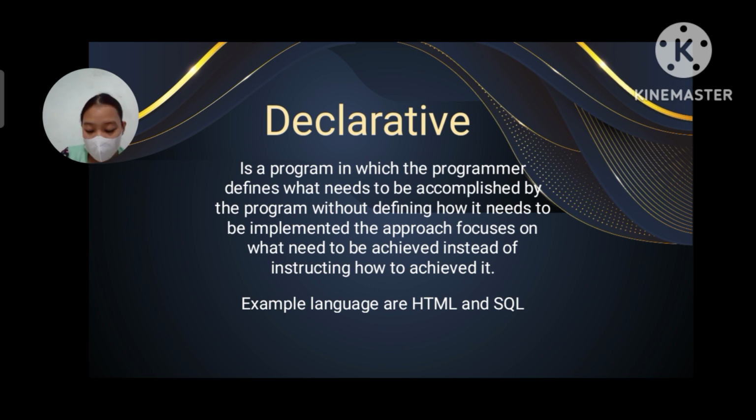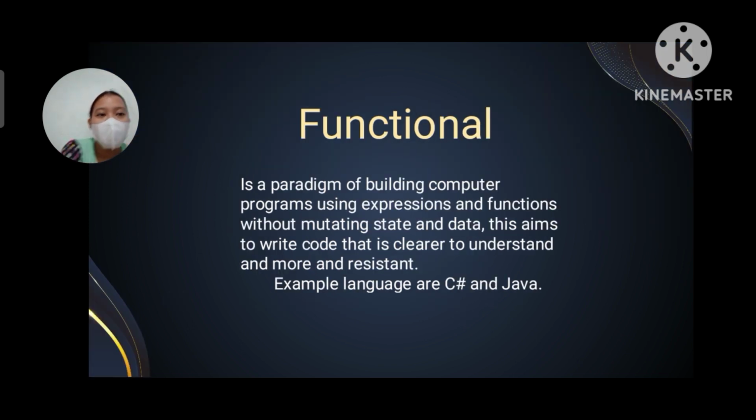It is also known as a non-procedural language. This program essentially specifies what has to be done and not how it is to be done. The examples given in the declarative programming paradigm are HTML and SQL.